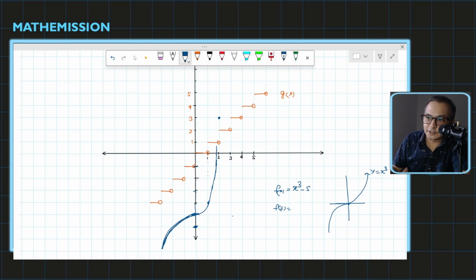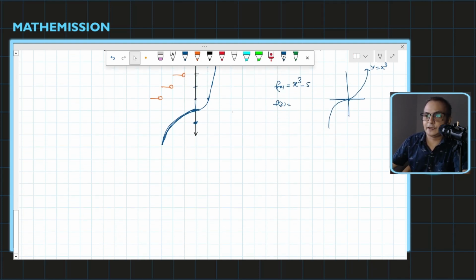So it has to cross like this, and without touching this part, it will hit this point. And in this process, you can see that it will touch the greatest integer graph in only one point, which is lying between 1 and 2. And that is why we got that solution 6 to the power 1 by 3 between 1 and 2. So this is one way to draw the graph.